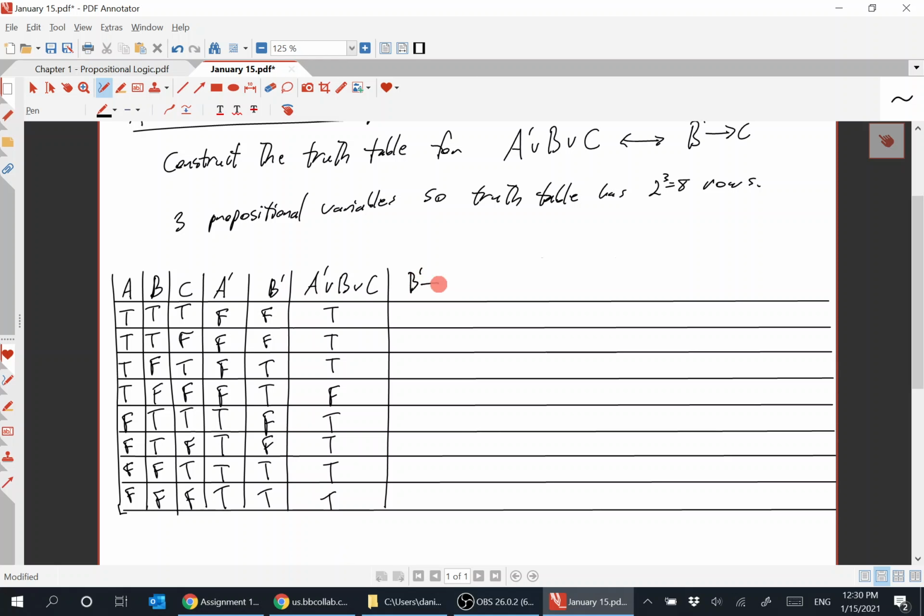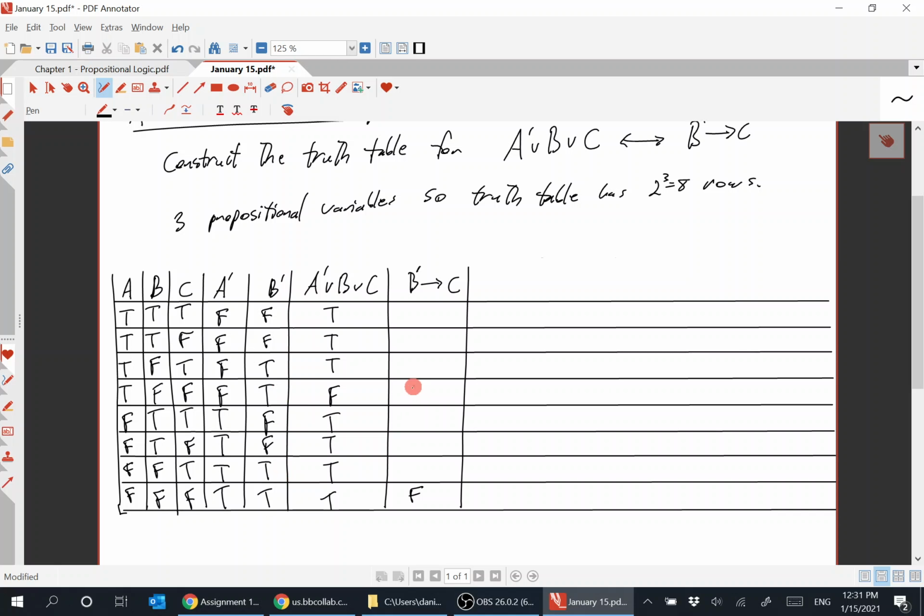All right, B naught implies C. When is that false? When the hypothesis is true and the conclusion is false. That would be in this row here, and also in this row here.